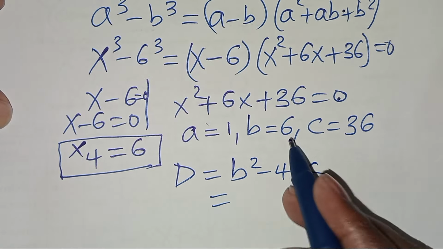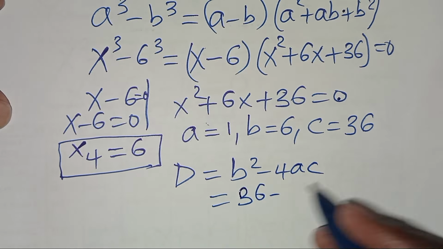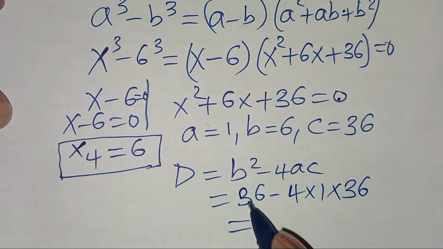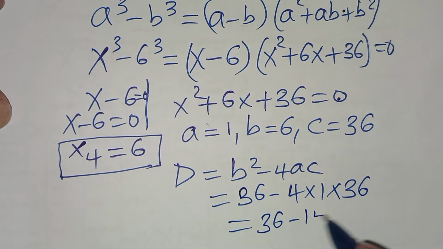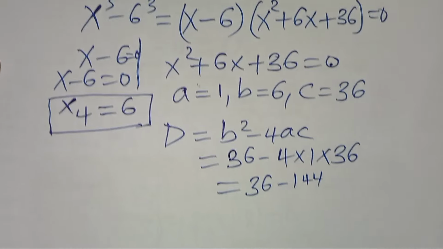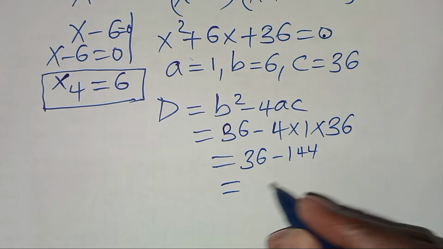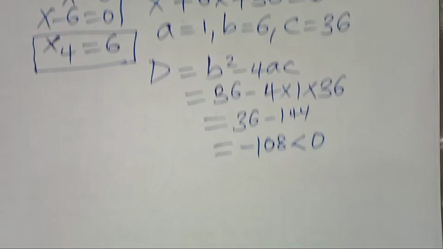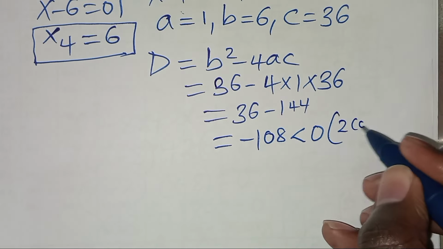So this is 6 squared, 36, subtract 4 times 1 times 36, which is 36 subtract 144, and therefore this is equal to negative 108, which is less than 0. So again here, we have two complex roots.